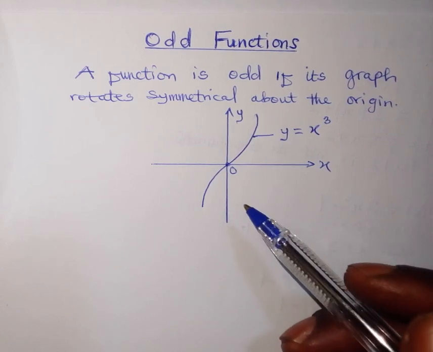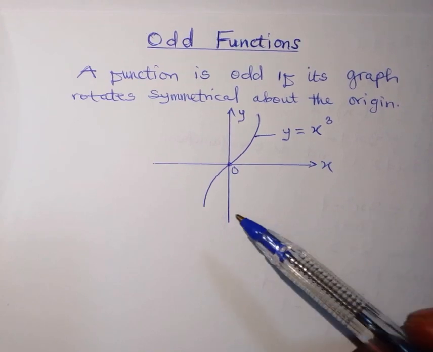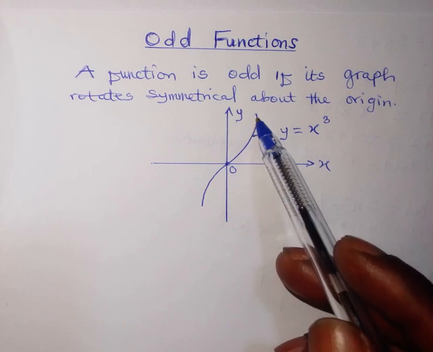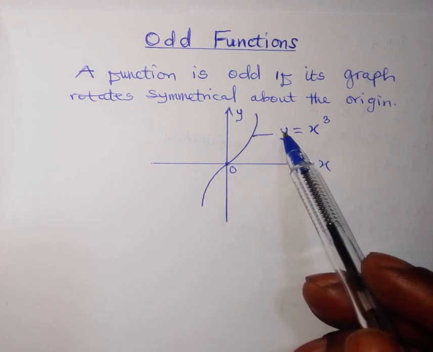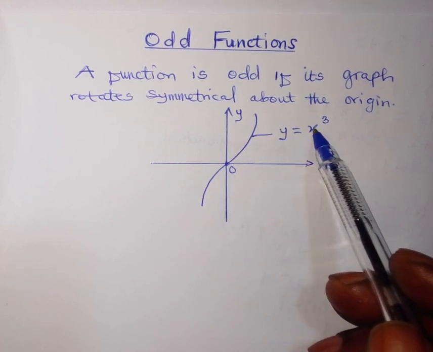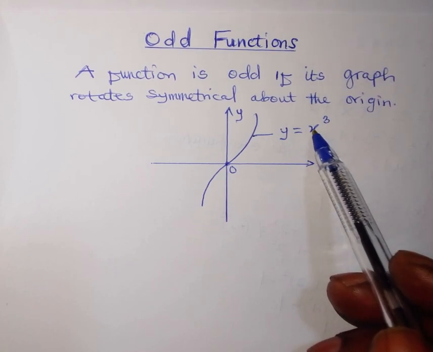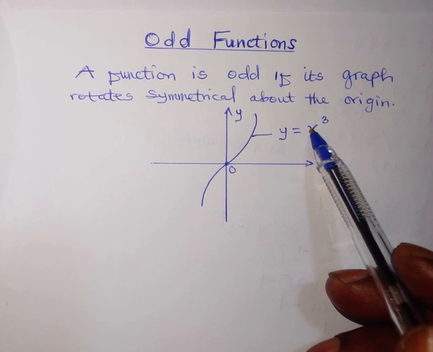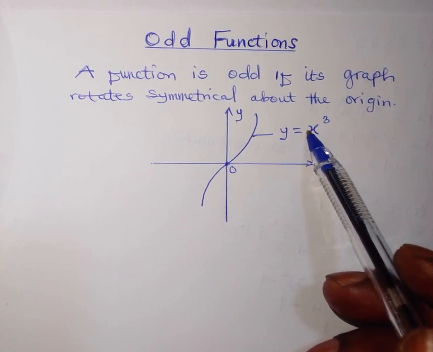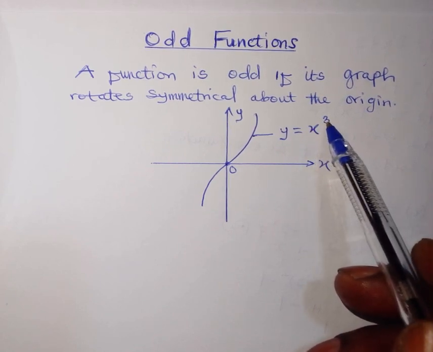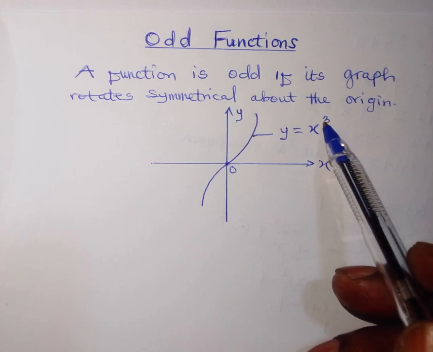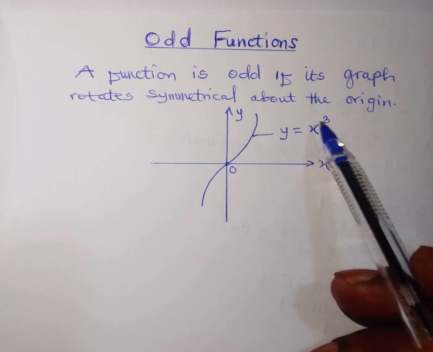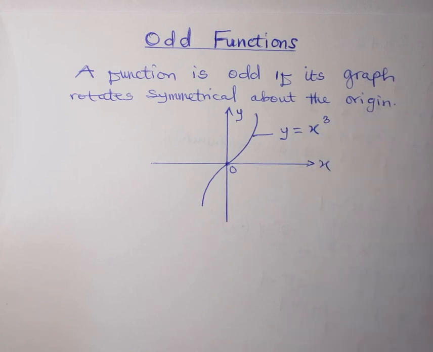As the name suggests, odd functions. For example, looking at this graph, this is the graph of an odd function, x cubed. All polynomial functions whose degree is odd are examples of odd functions.